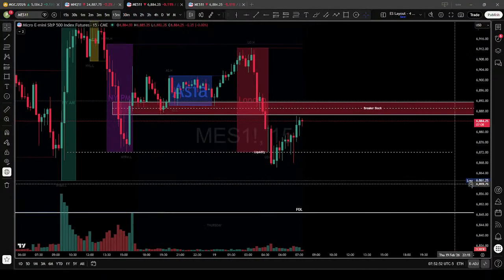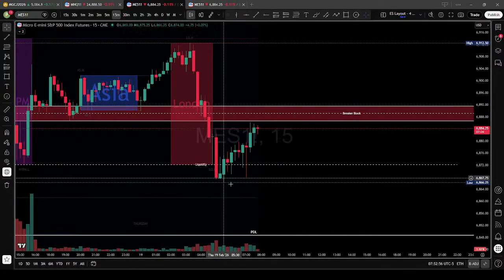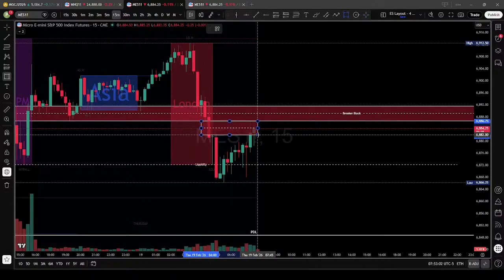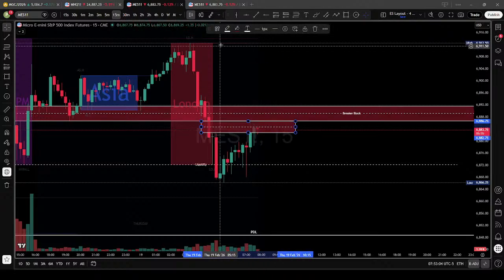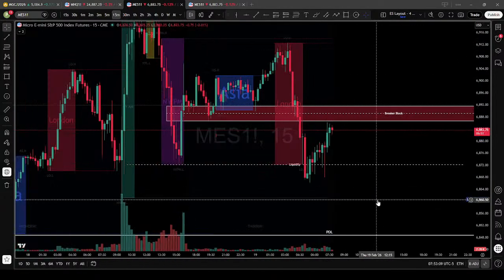Go to a 15-minute time frame, slowly moving higher. There is a fair value gap right up here.